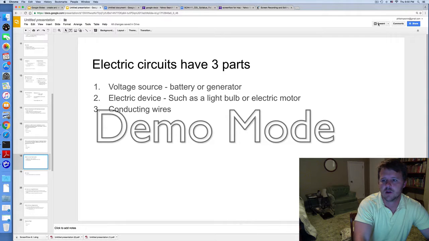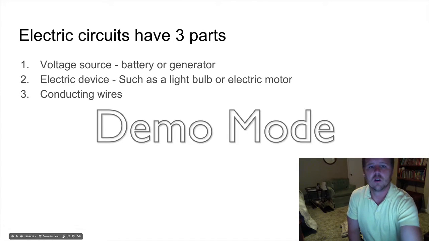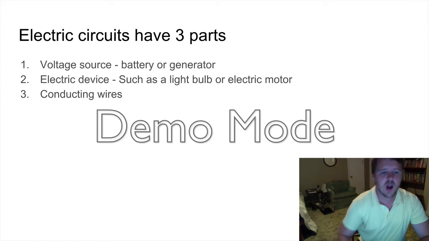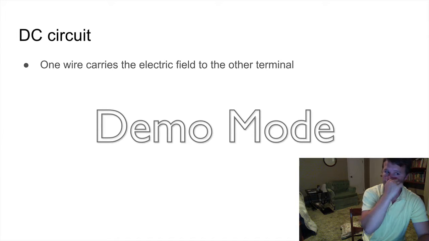Okay, and now this is a very broad slide. Going back to electric circuits, they have 3 parts. You have a voltage source, which is a battery or a generator. You have an electric device, such as a light bulb or electric motor. You have the conducting wires connecting them. So you have your voltage source, electric device, and conducting wires.